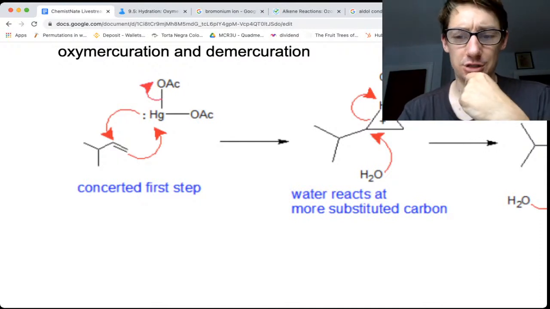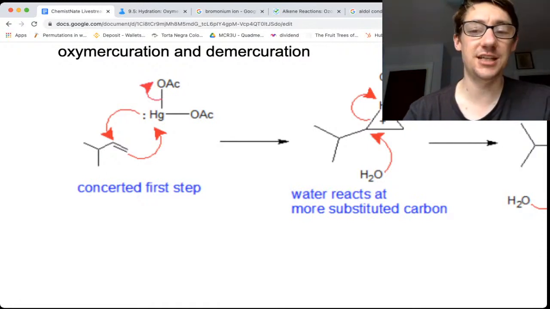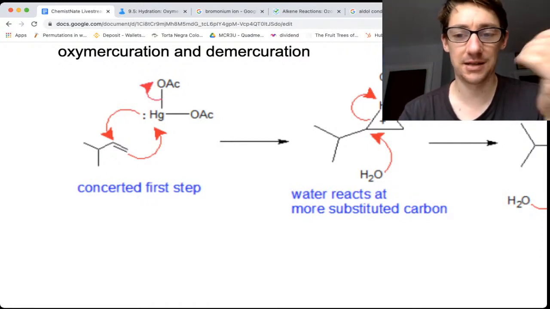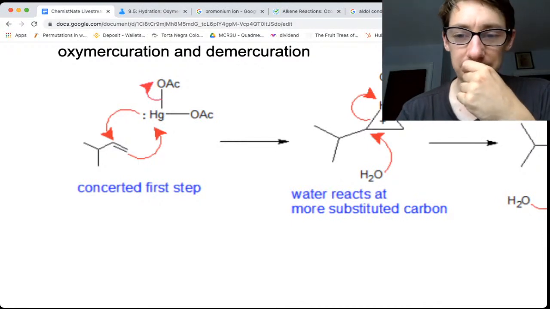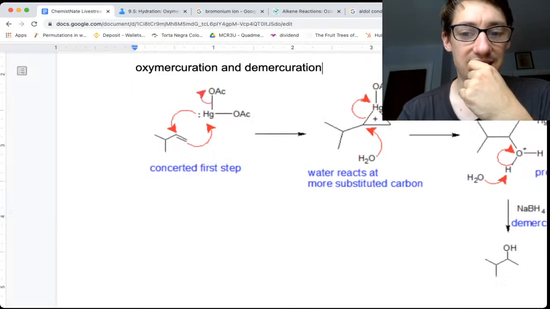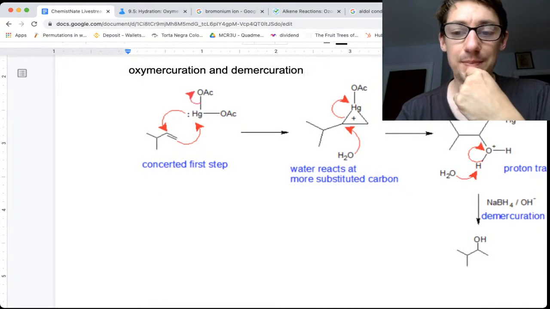Yeah, this one shows the brominium way more. And again, it's not brominium, it's probably like mercurinium or something. You end up forming this triangle. That opens up a carbon to be ripe for attack from the other direction by anything that has a lone pair.